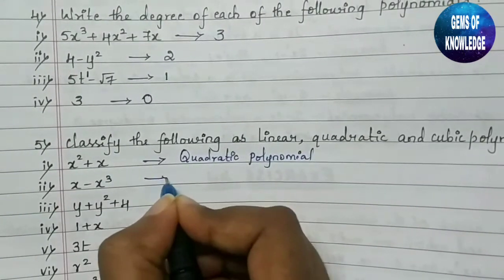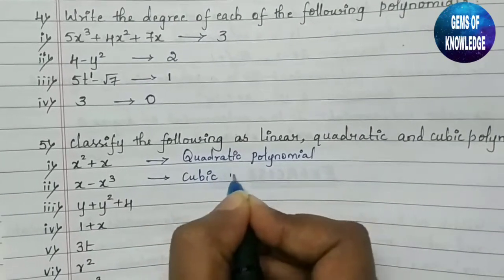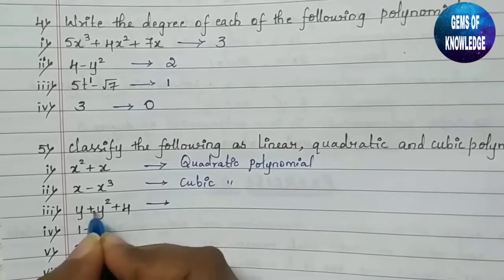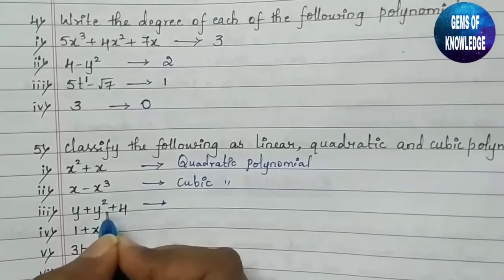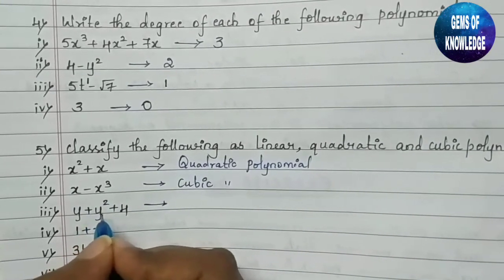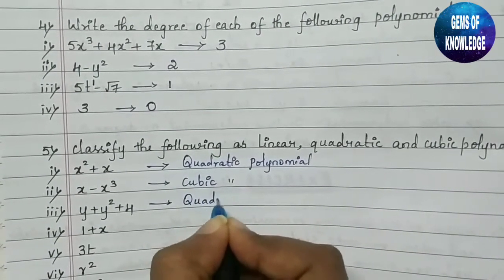Next you can see this has a degree 3, so it is a cubic polynomial. Next, this one has the degree 2. You need to check the highest degree, and it has the degree 2, so it is a quadratic polynomial again.